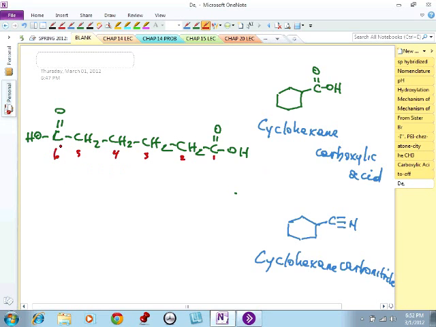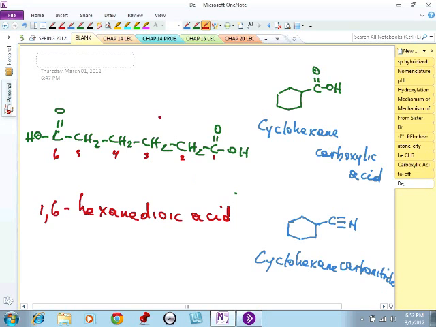You have to name the corresponding alkane, so we have to say 1,6-hexanedioic acid. You use the word di to indicate that you have 2 oic acid groups in there.